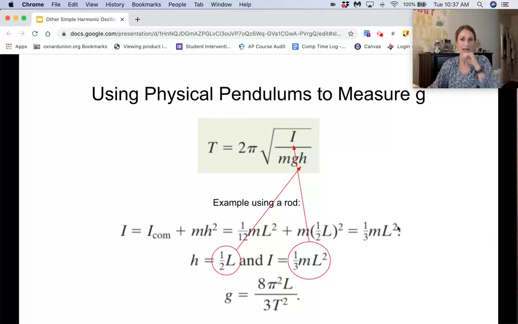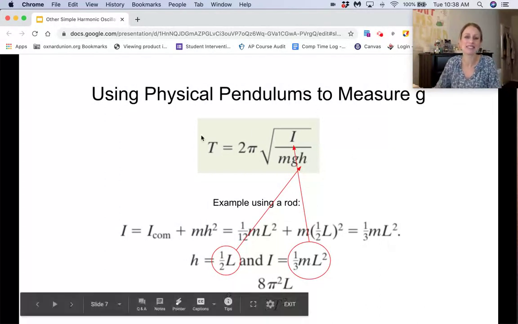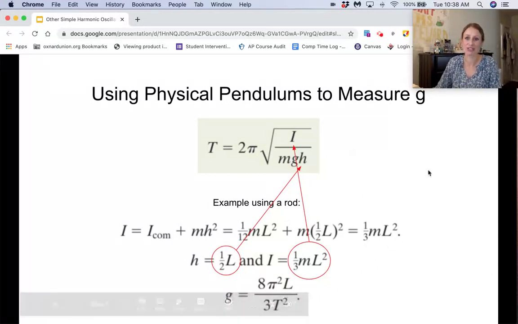So this is an example of what you might be asked if you have to measure g using a physical pendulum. They like to ask things like an astronaut goes to the moon and only has a rod to measure the acceleration of gravity. This is just an example of how you would use a physical pendulum in order to measure g.